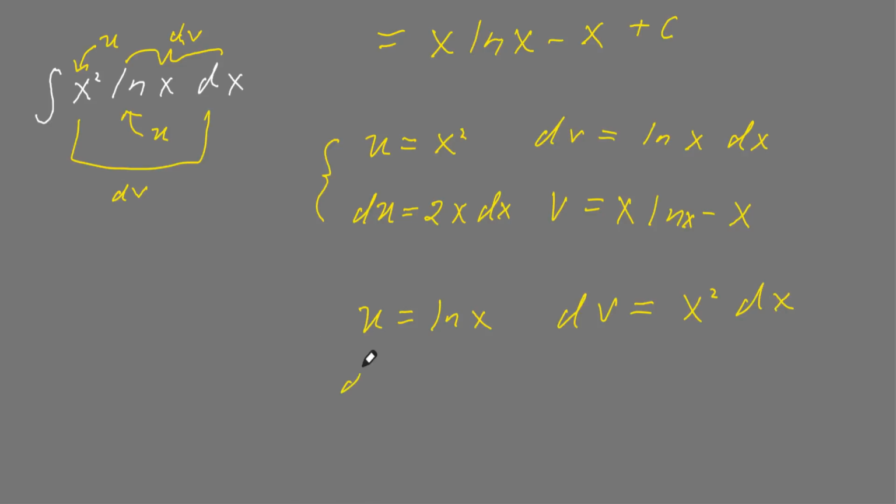So du is equal to the derivative of natural log of x, which is just 1 over x times dx. And v is equal to the integral of x squared dx, and you can do that by the power rule, and you just get x cubed over 3.